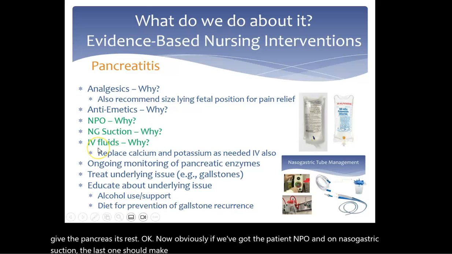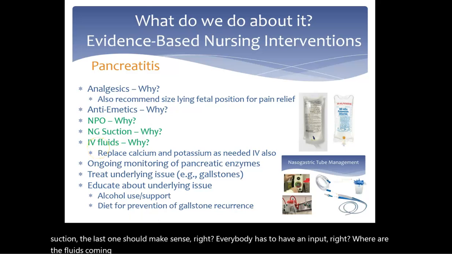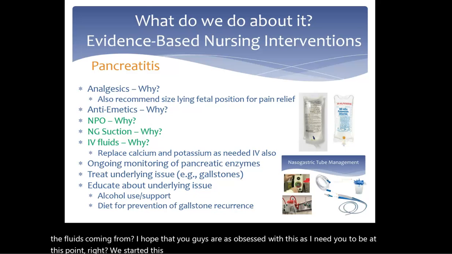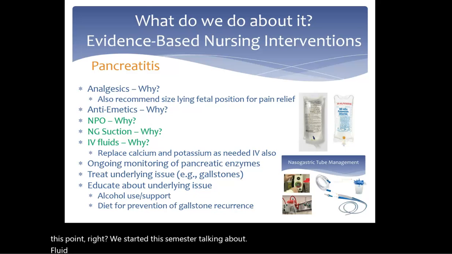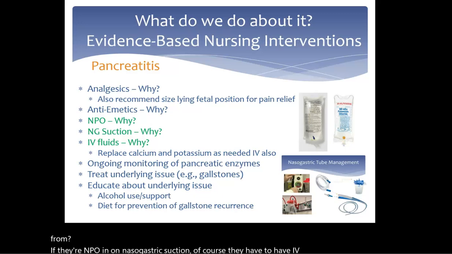Now, obviously, if we've got the patient NPO and on nasogastric suction, the last one should make sense, right? Everybody has to have an input. Where are the fluids coming from? I hope that you guys are as obsessed with this as I need you to be at this point, right? We started this semester talking about fluid imbalances, and I want you to be very obsessed with where my patient's intake is coming from. If they're NPO and on nasogastric suction, of course, they have to have IV fluids continuously infusing.